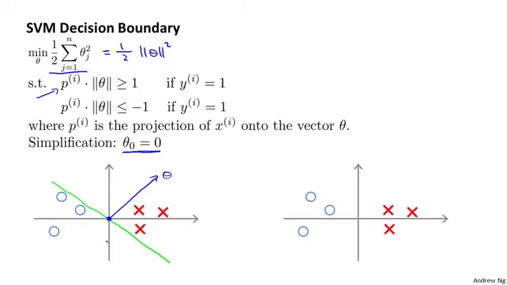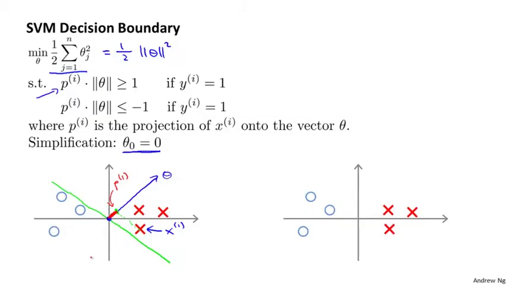So now let's look at what this implies for the optimization objective. Let's say that this example here is my first example, x1. If we look at the projection of this example onto my parameters theta, that's the projection. And so that little red line segment is equal to P1. And that's going to be pretty small, right?